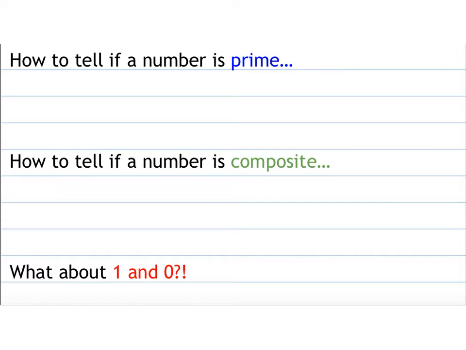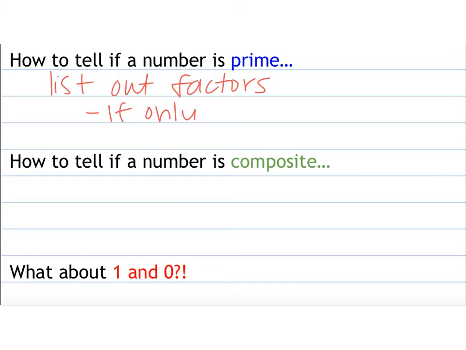Okay, so here we're looking at how do we tell if a number is prime and how do we tell if a number is composite. So what we always do for any numbers, list out the factors. Again, those are the numbers that multiply together to make up another number. If there's only one and itself, then it is prime.